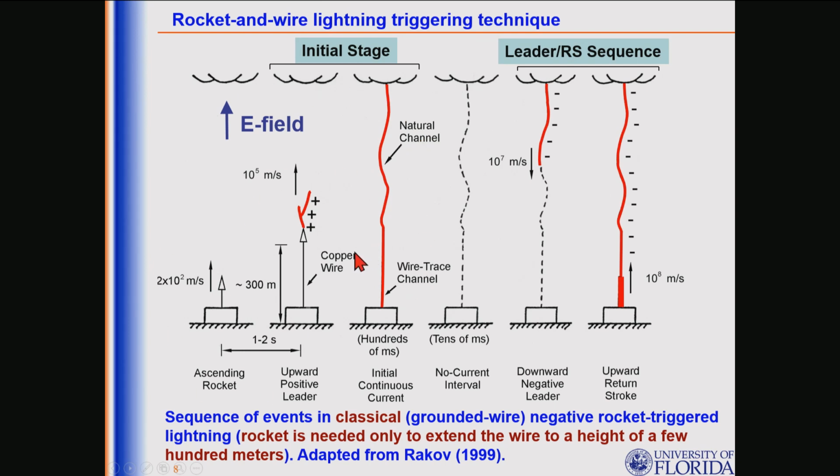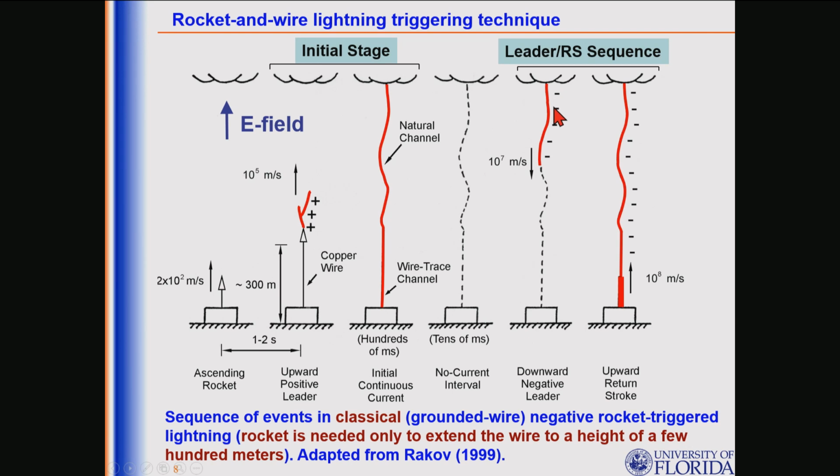But in 75% of cases, after this no-current interval, typically some tens of milliseconds, there are leader return stroke sequences. The leader propagates downward, with a typical speed of 10 to the 7th meters per second. It's a dart leader because it follows the remnants of the previously created channel.